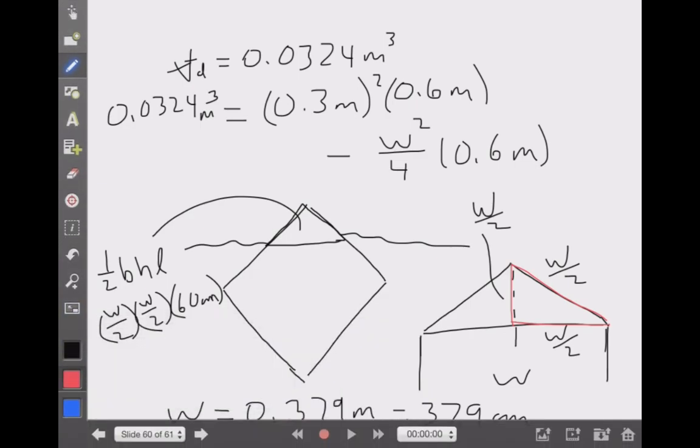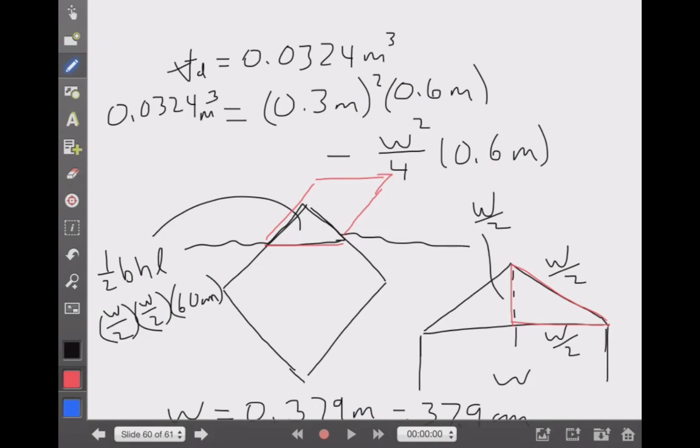Remember that this object has a length to it, and it's this particular rectangle at the water line that you calculate the moment of inertia of.